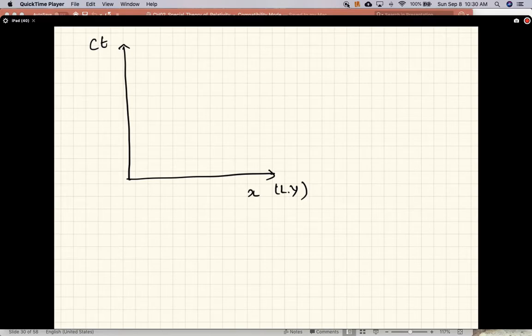All right, so for our problem, we'll choose a very specific path. Here's x, and again distances are in light years and time is in years. Now we stay at home, so this is our world line.